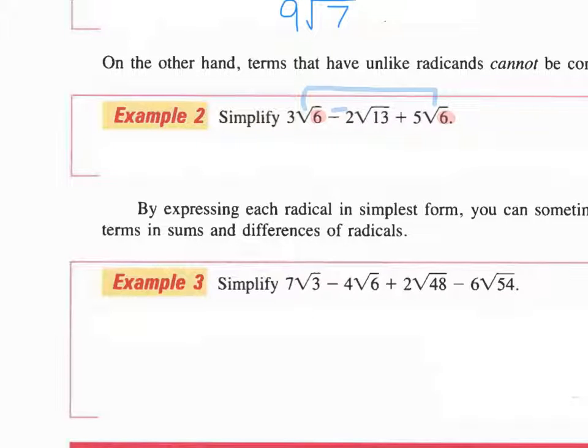So again, I would pretend like this isn't here, and then I would add 3 plus 5, and then my answer would be 8 square root 6, and then I just rewrite minus 2 square root 13. So there was nothing to add to that square root 13.